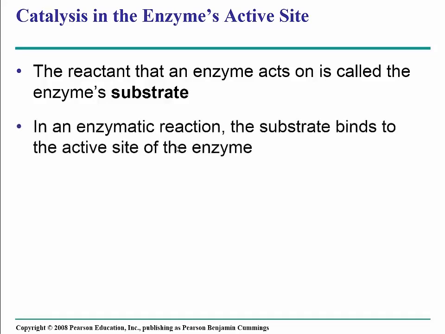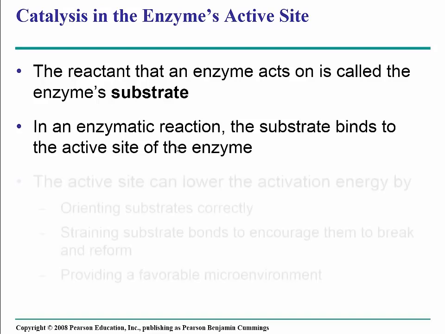In the reaction, the substrate binds to the active site of the enzyme. So there's a special part of the protein called the active site. And that protein, remember, is our enzyme. Our substrate binds to our active site and is affected by the enzyme. We'll see this in picture form in a moment.